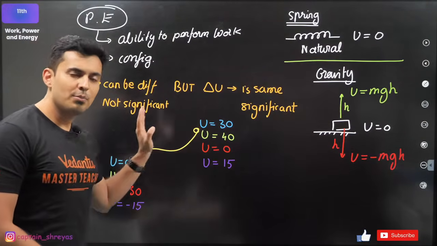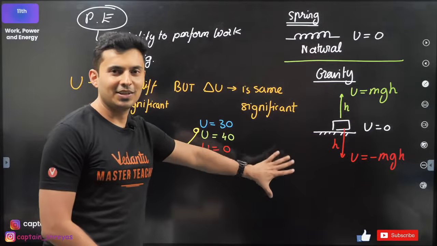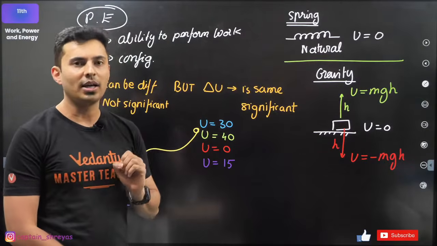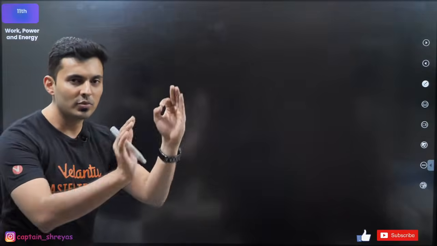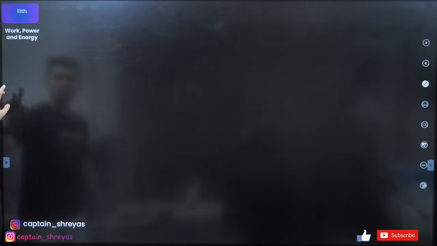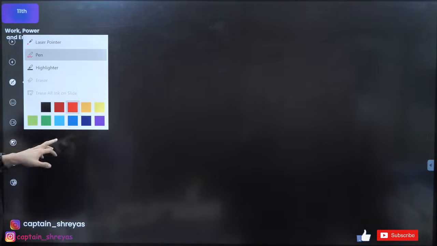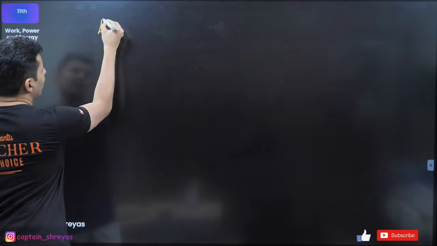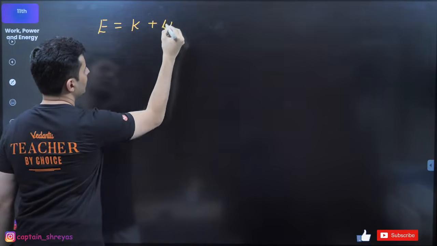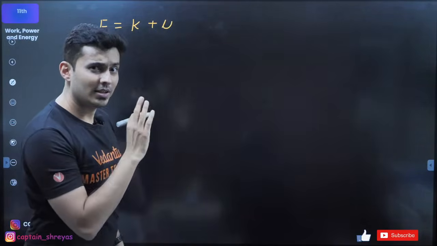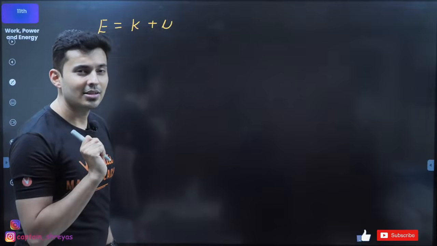Now, there is a beautiful relationship between potential energy and the force. This is what I want you to understand very, very properly. Observe carefully. I just told you the total energy is the sum of kinetic and potential energy.